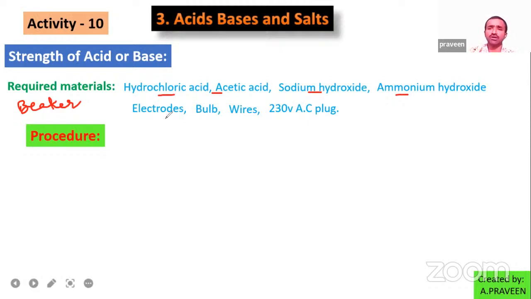Sir, only 1 set is available. No problem. You can conduct this activity using only a single set, but make it dry before going for another. Make it dry, or wipe it using a dry cloth. Clean it. Okay, so beakers are needed. Then to complete the process, connect the circuit first, right?